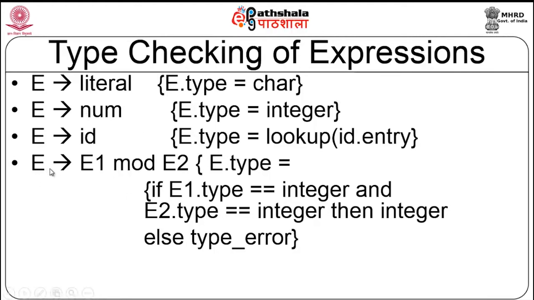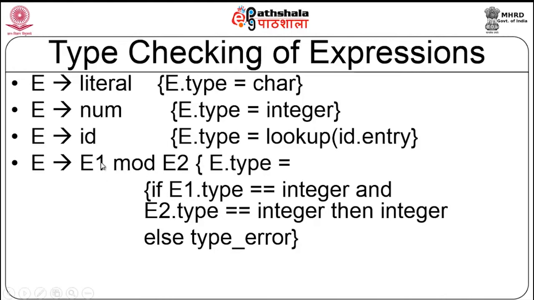The next one is E produces E1 mod E2. Now I have to assign the type for E, the left hand side E. I am renaming these as E1 and E2 because I just want to differentiate one E from the other. According to the production, it would simply be E produces E mod E, but to distinguish which E I am referring to, I use the suffixes 1 and 2. It's a mod operator.